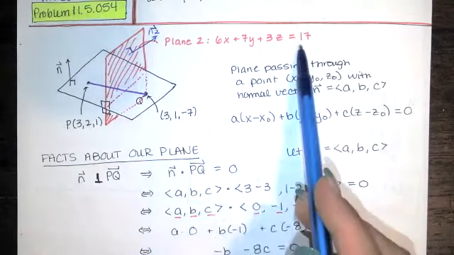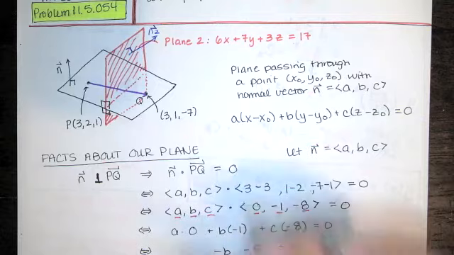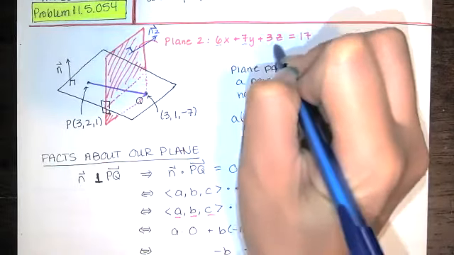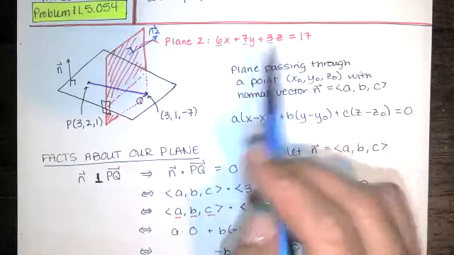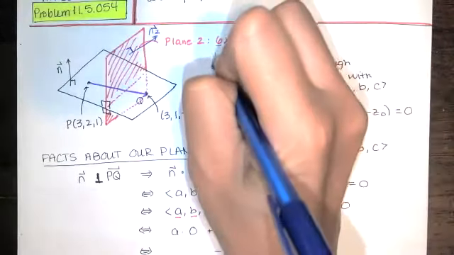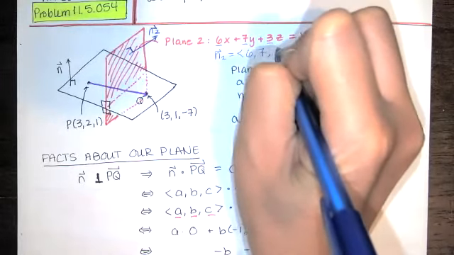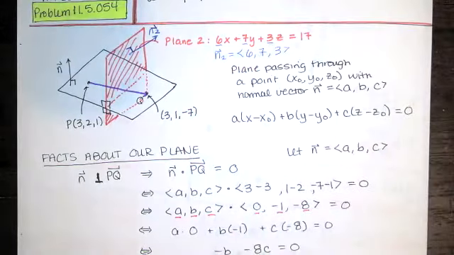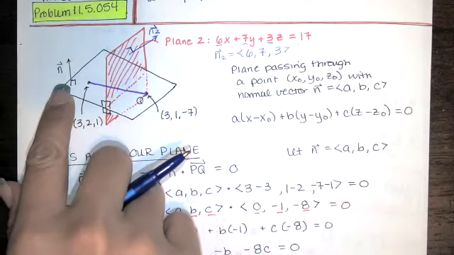And I can just look at the equation of the plane and infer one of the normal vectors to that plane. Remember from our study of planes that if you look at the coefficients of x, y, and z of the equation of the plane in general form, you'll find the components of your normal vector. So the second plane has a normal vector with components 6, 7, and 3. And we're trying to find our first normal vector.